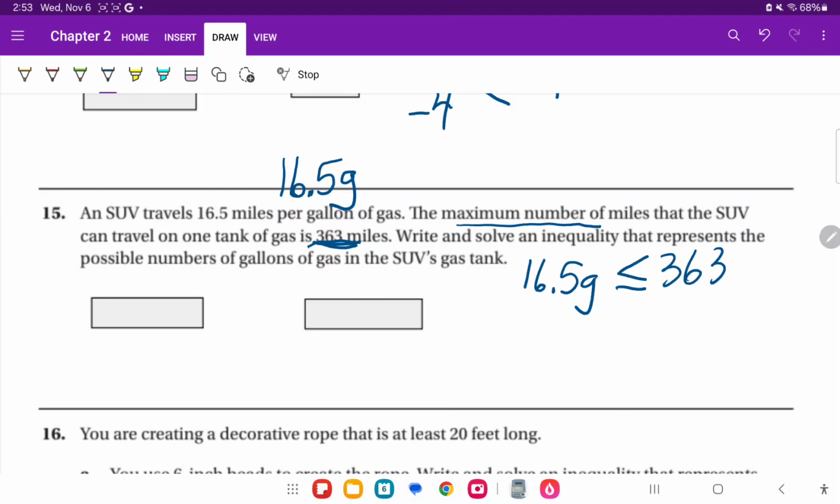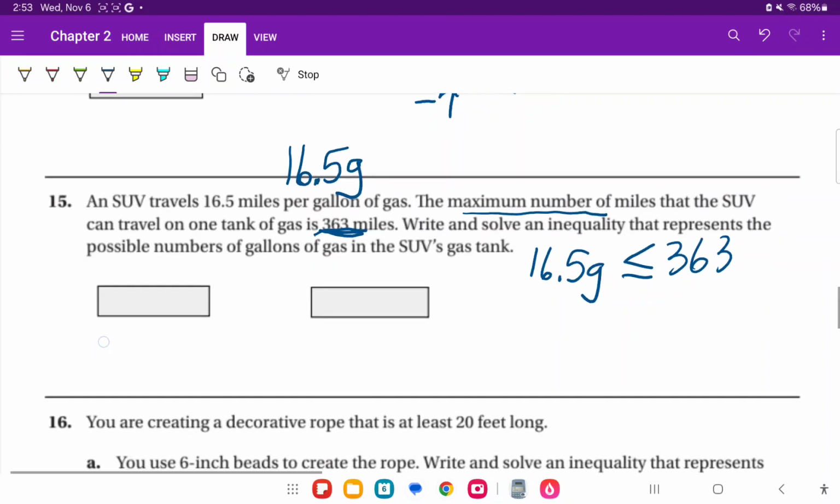So 16.5 times the gallons is less than or equal to 363. That's the first blank, and then you have to finish solving that.